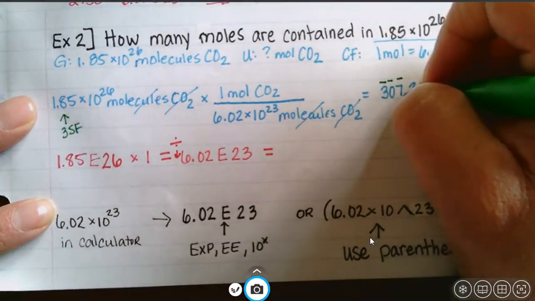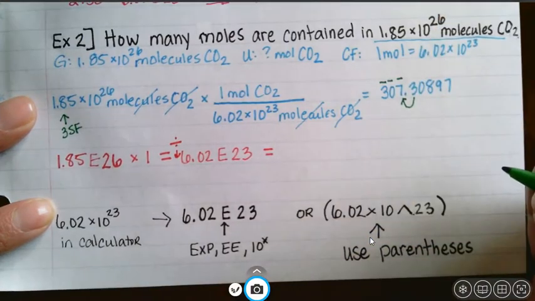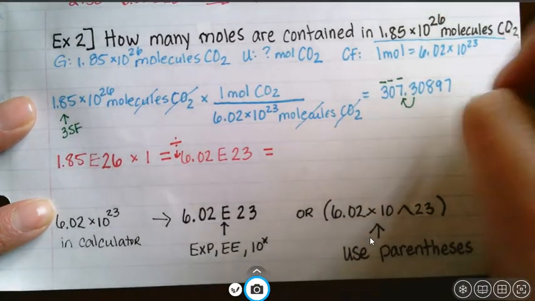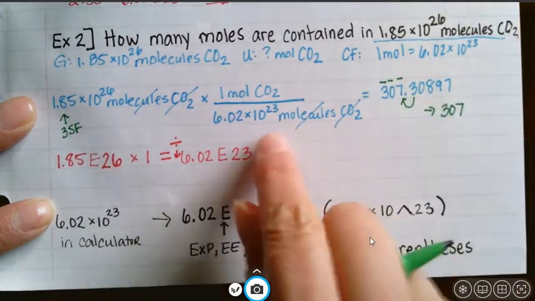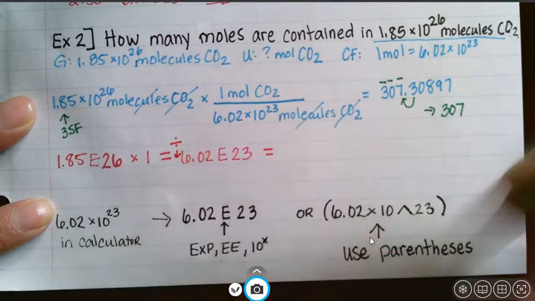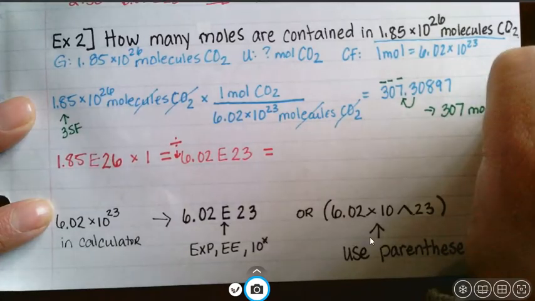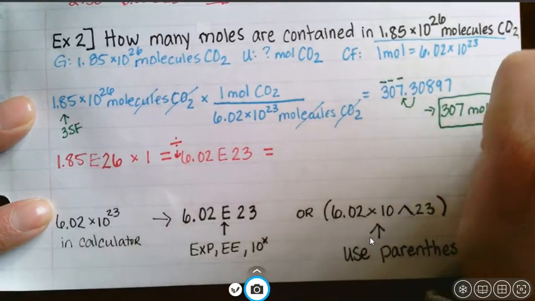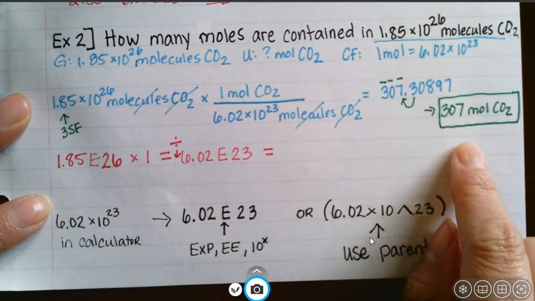So I'm going to chop it off right here and check to see if this 3 can bump up that 7. It cannot. So this is 307. We didn't cancel moles of CO2. Everything else got canceled. So for units, moles of CO2 is my answer. Okay, and that one is done.